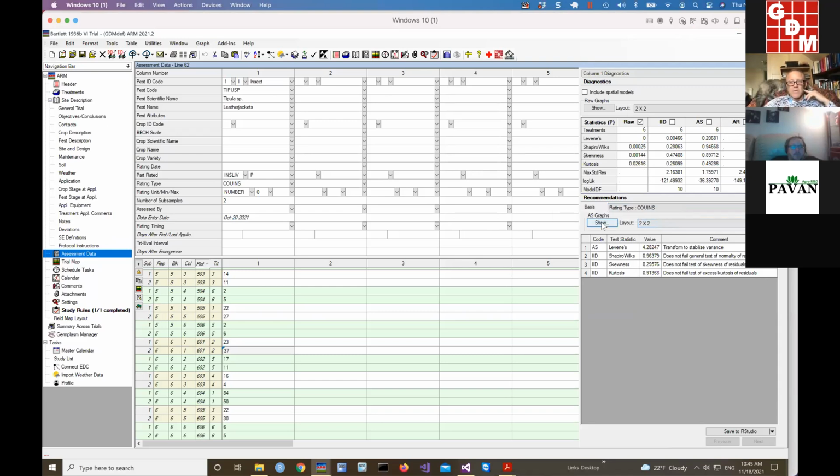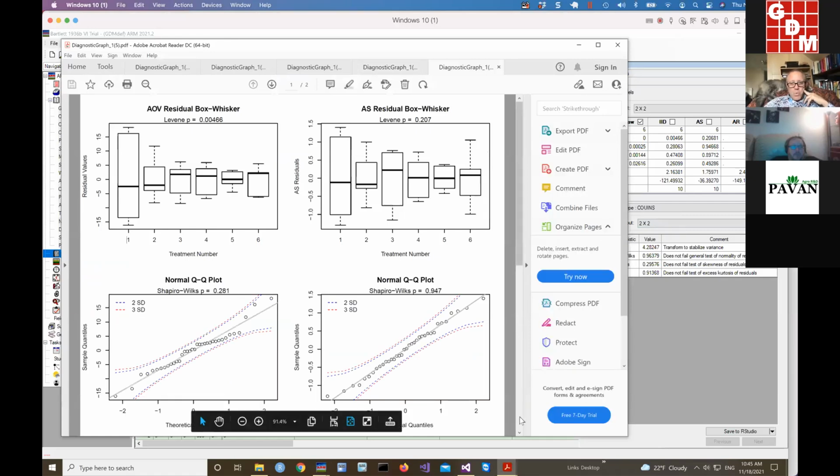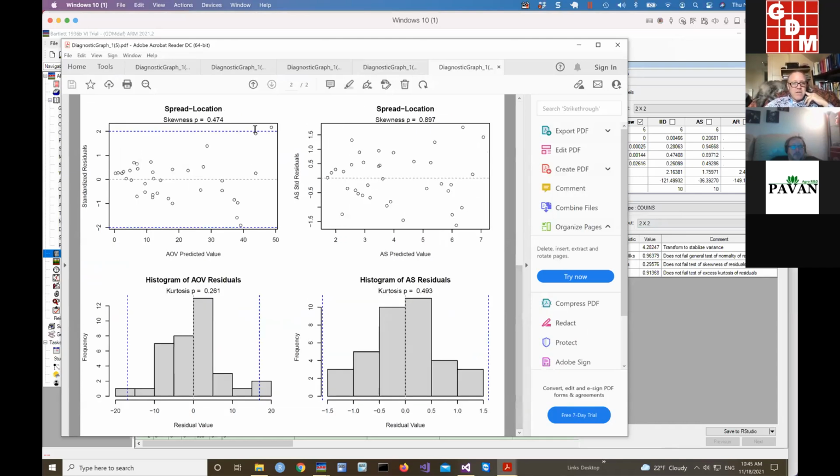So let's take a look at what's happening with these transformations. We show the transformation. What we want to look for, I don't use the box-and-whisker plots as much for detecting heterogeneity of variance. I find that the wedge shape in the spread location plot is usually a better indication of whether there's a problem with heterogeneity of variances.